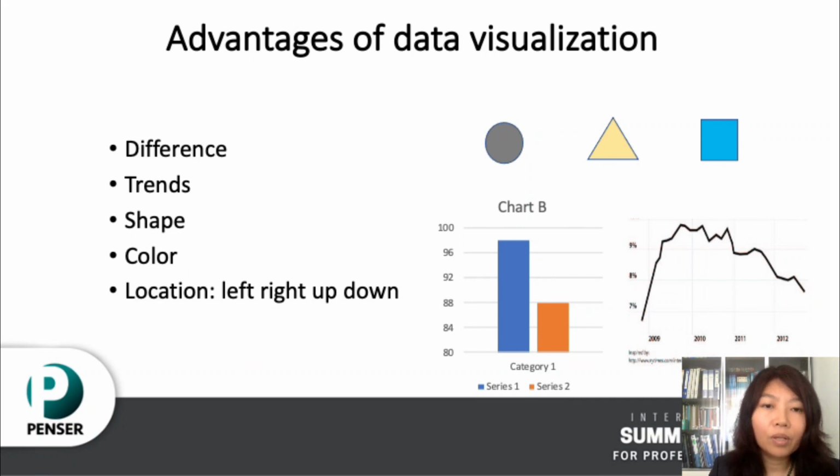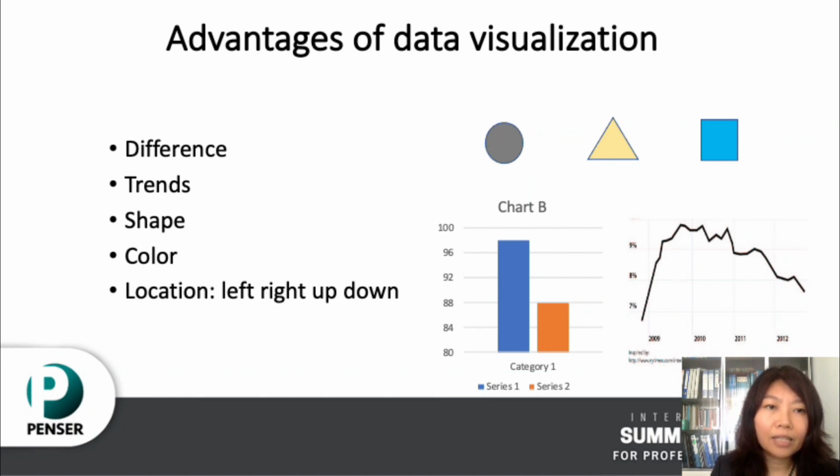For example, if we put two numbers, 100 and 200, then we will compare which one is bigger, and this is the data way. And if we also draw and compare the bars, this will give us a very clear and faster way to find the differences.